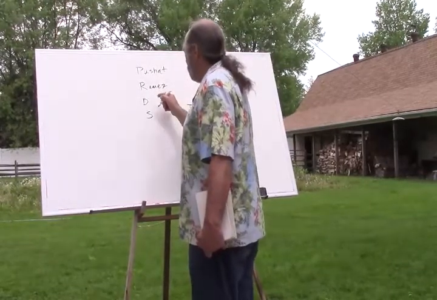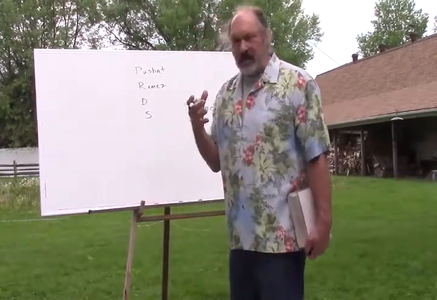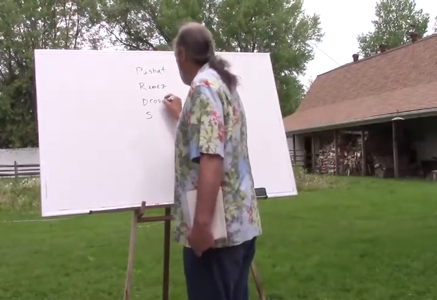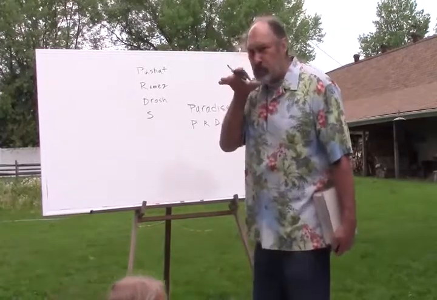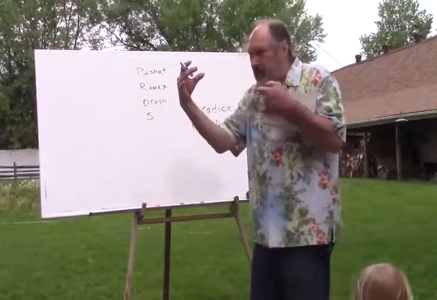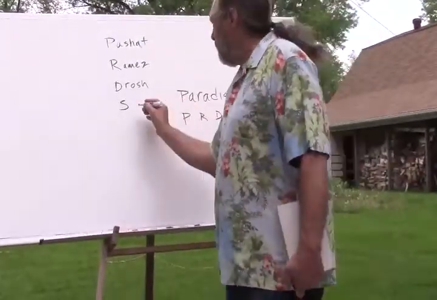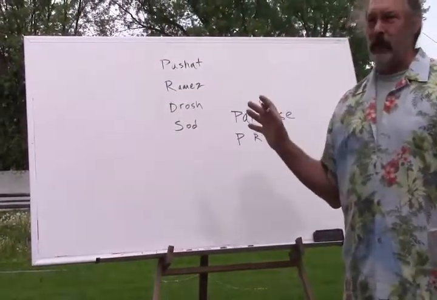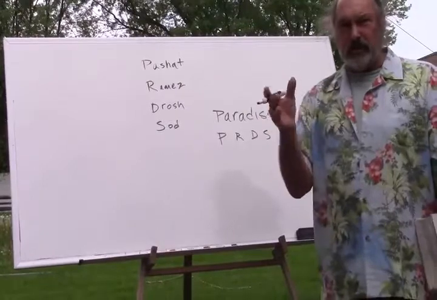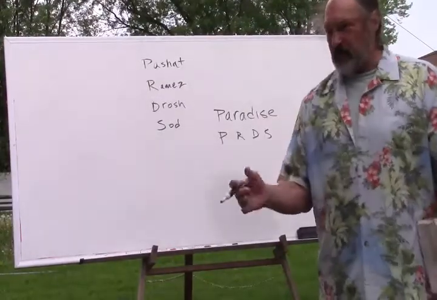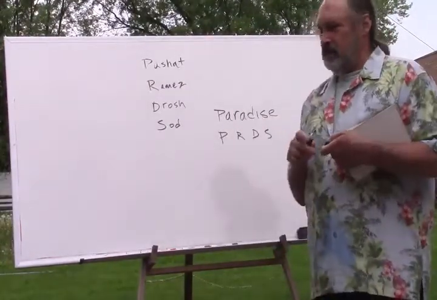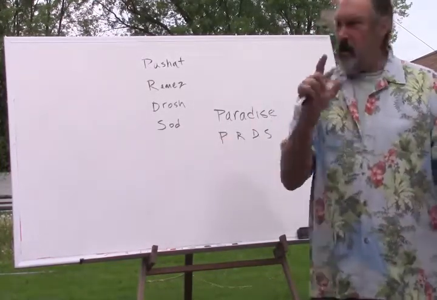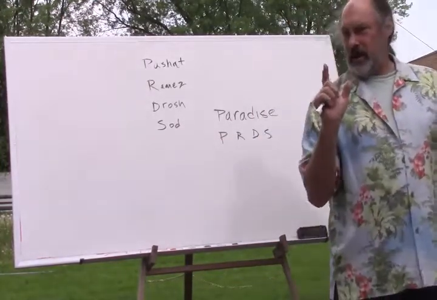Remez, which is reading into a text allegorically. And then you have drash, which is to search out and really get in there and make these connections. And then you have the sod, which is secrets. And as Brad Scott has said, it's family secrets. It's not just, some pirate buried a treasure, I wonder where he put it. But these are like, don't tell anybody.